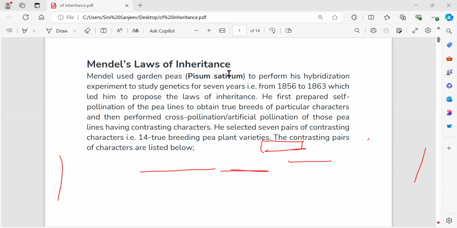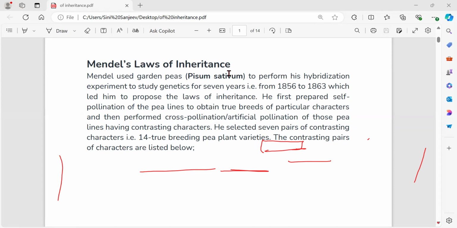He used two techniques of pollination, as we all know: self-pollination and cross-pollination. To get a pure breed, he used self-pollination, meaning there were no combinations. That's why it's called self-pollination.